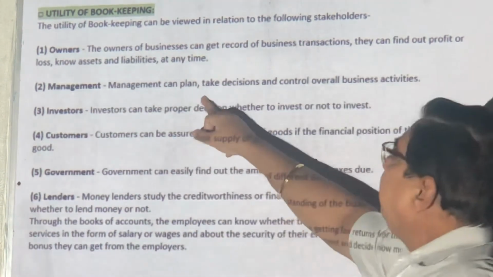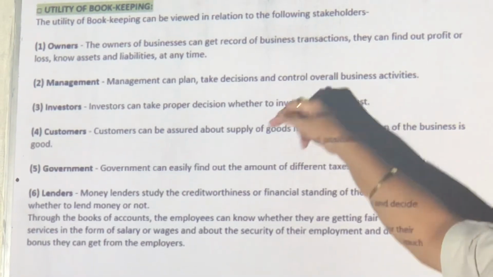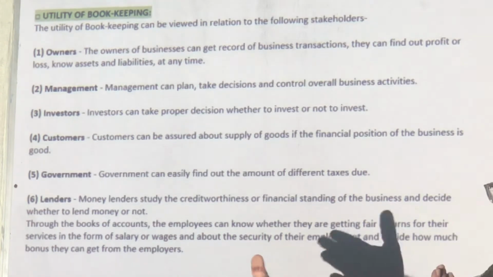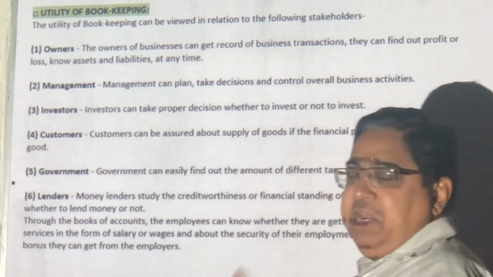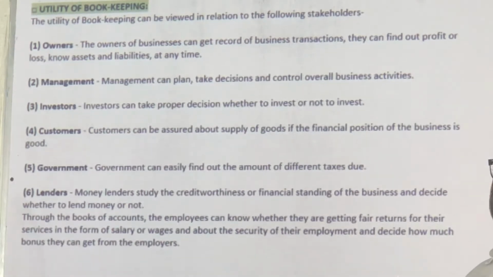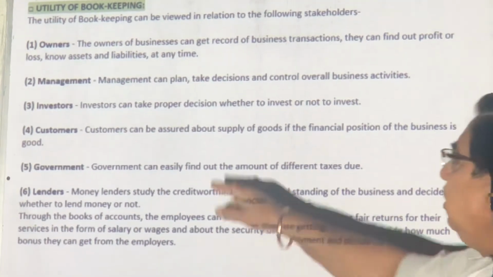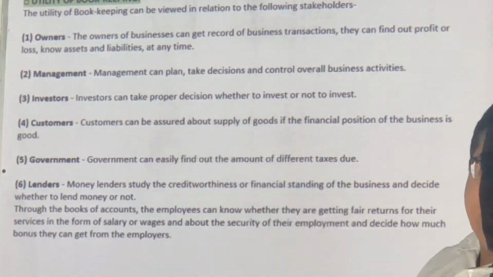Management can plan, take decisions and control. Make product X, make more of product Y, mix 2 types of product, 10% this, 80% this. Investor: I want to put my money in shares. Should I buy Reliance shares? I will look at the balance sheet. Oh, they are making a lot of profit. Okay, investors. Most of the companies are running on investments.